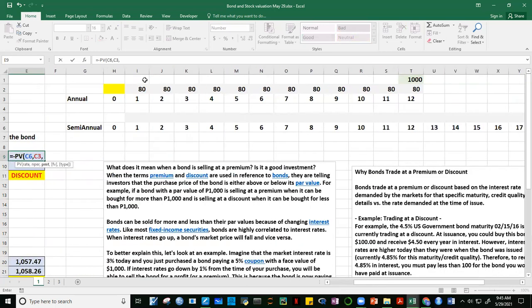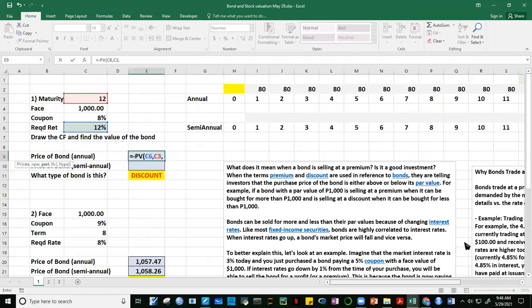So you have two types of cash flows here: one is the annuity of 80, and the other one is the 1,000. Whether you're the investor or the issuer of the bond, let's suppose we're the investor, we're going to receive 80 for the next 12 years plus the 1,000 at the end of the 12 years. Or if you're the issuer of the bond, this is the amount that you're going to pay every year, and then at the end of the period, you're going to pay 1,000.